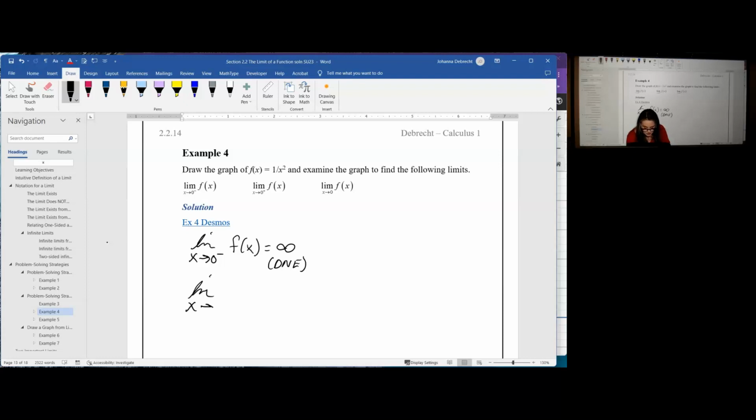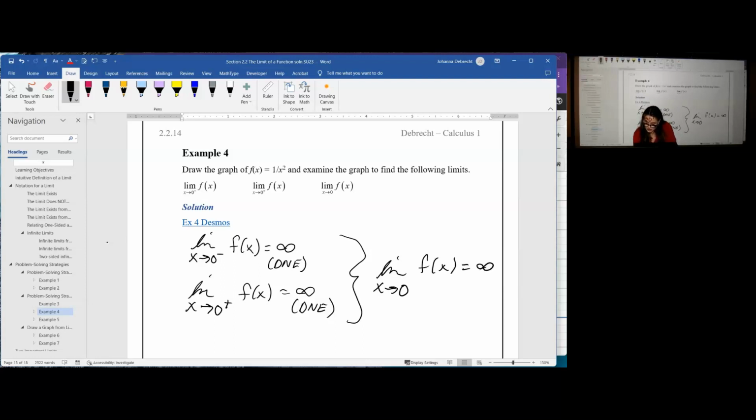And then we have the limit as x approaches 0 from the right, which also goes to infinity, which means it does not exist, but don't give me that on the exam. And then the two agree. So we would say that the two-sided limit as x approaches 0 with nothing in the power position is going to be infinity.